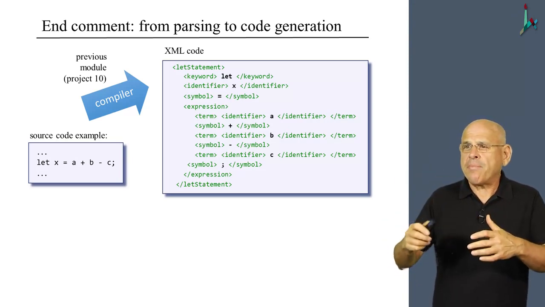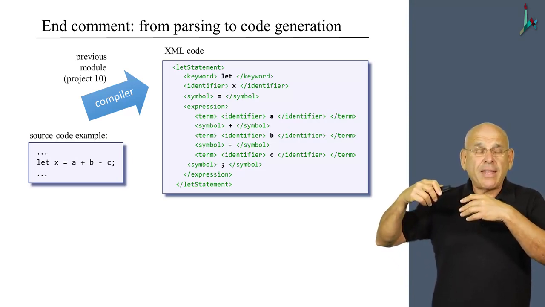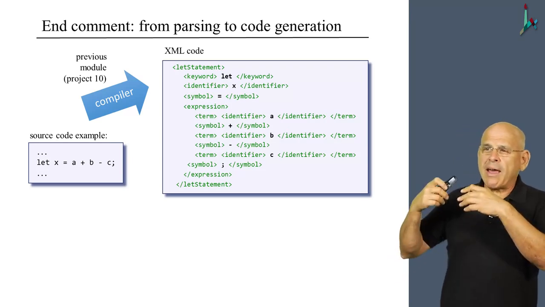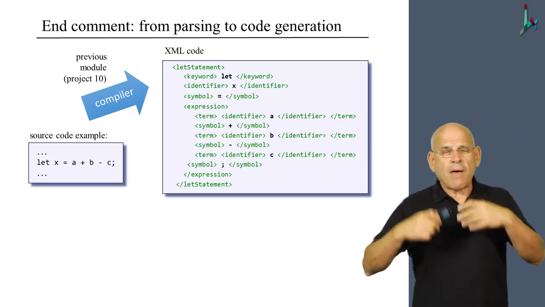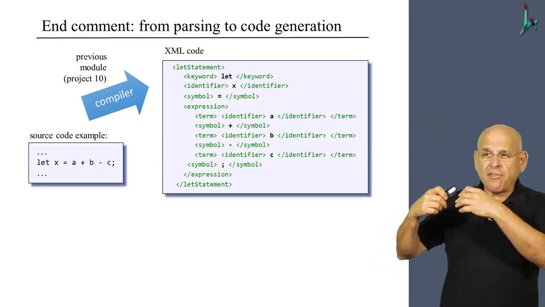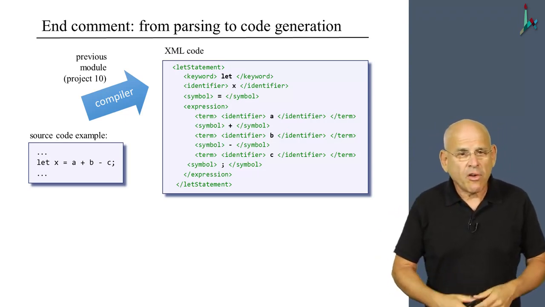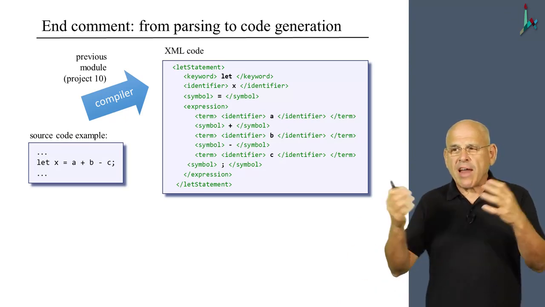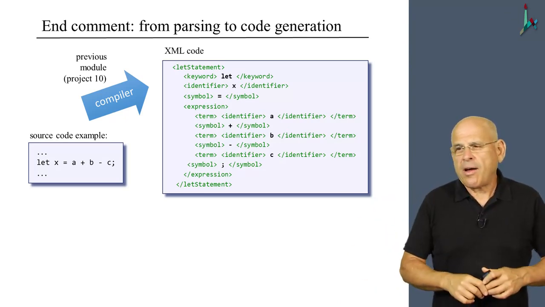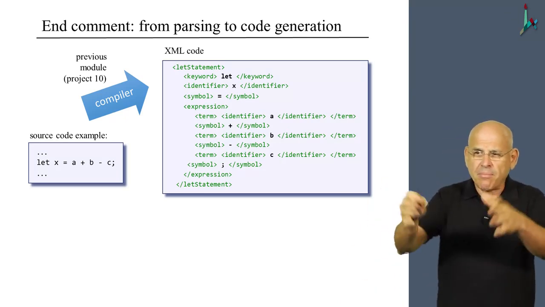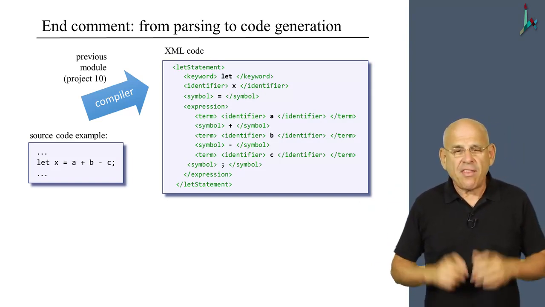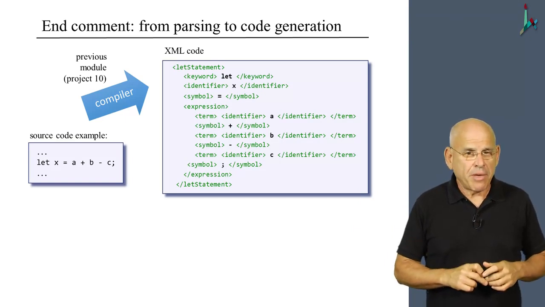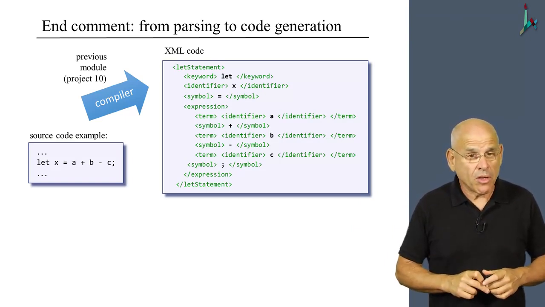We say that we have the identifier A, followed by plus, followed by the identifier B, followed by minus, followed by the identifier C, and so on and so forth. We go from left to right, and then, after we compute the value of the expression, we add some XML tags, and that's it. So we generate static XML code. That's what we did in the previous project.